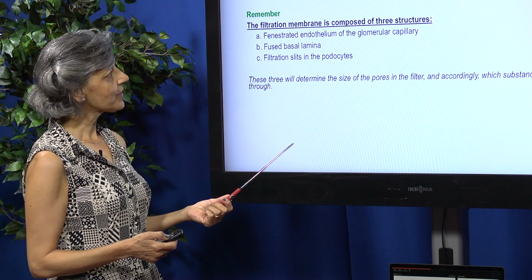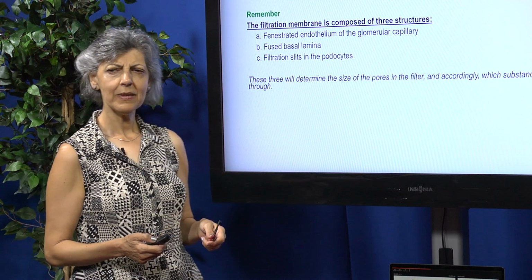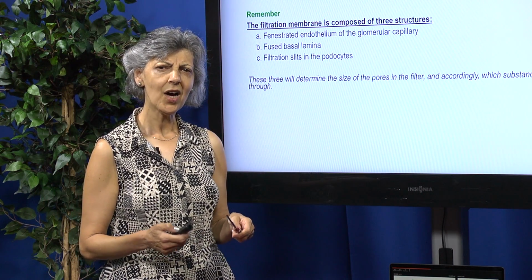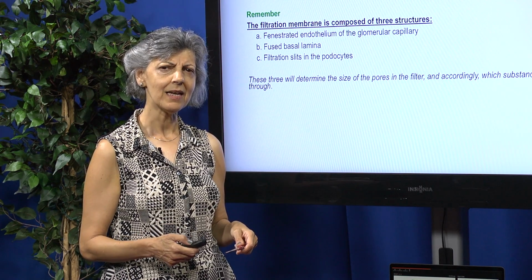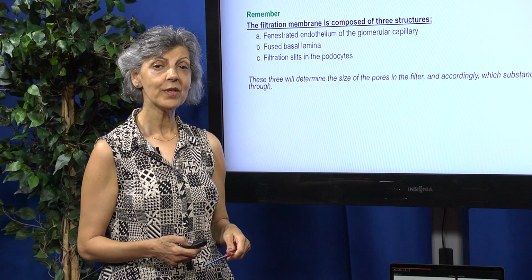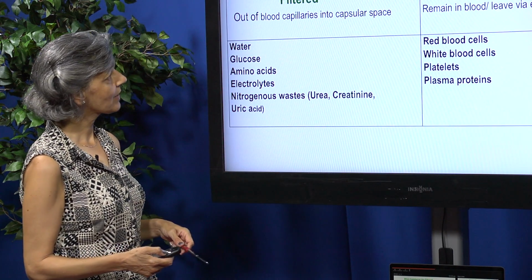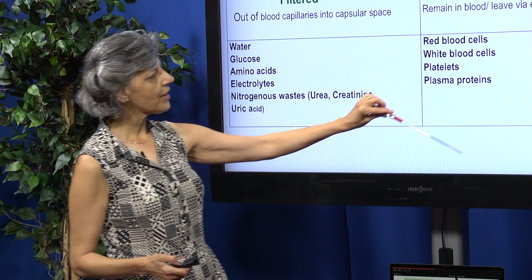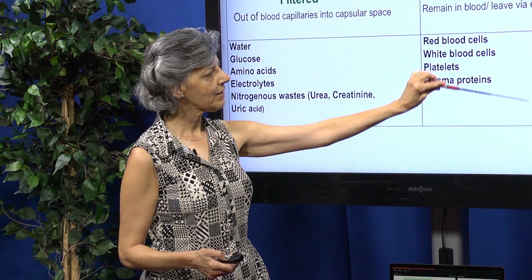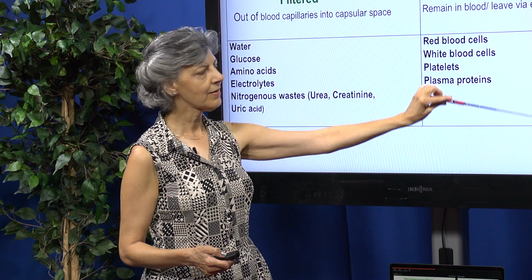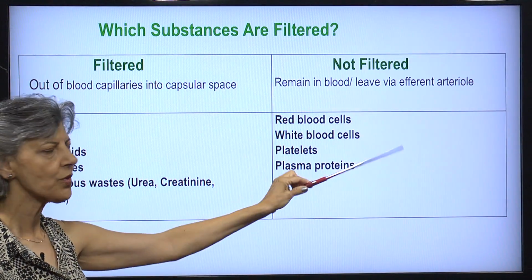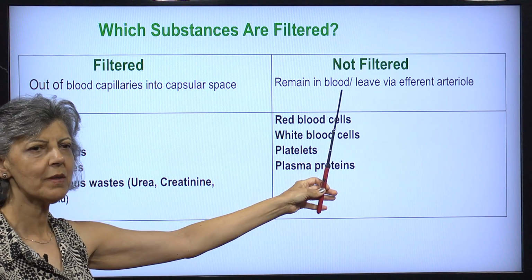So now we discussed the filtration membrane, but what are the substances that can pass through, and what are substances that will be held back in the blood? These are larger than the filtration slits and the pores. So these substances have to remain in the blood.